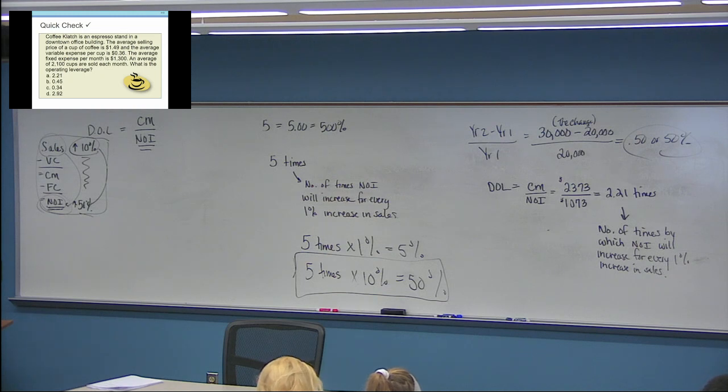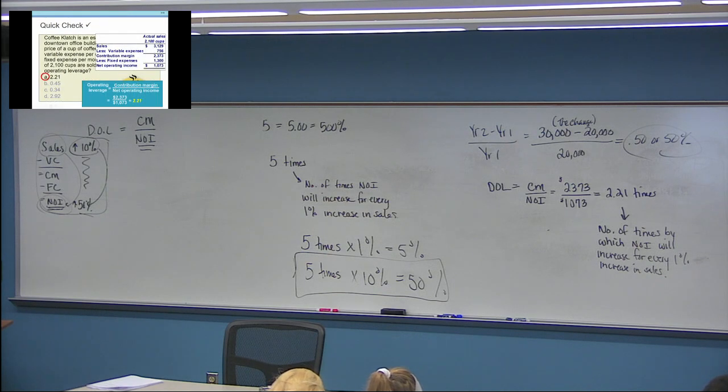So again, if we fill out our contribution format table, then we should be good to go as far as the numbers that we need to plug into the formula. This is only really the first step. We use this number now to help us predict potential increases in operating income.